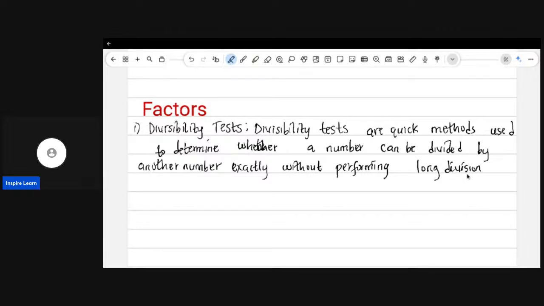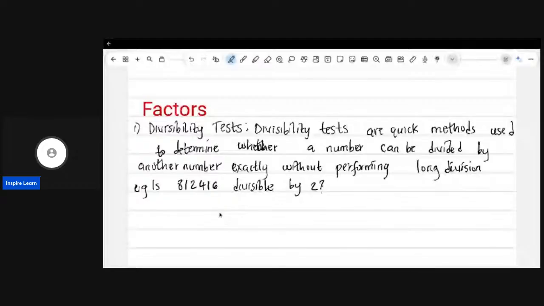So what does it mean? For example, if you're asked whether 812416 is divisible by 2, the question is not asking you to take this number and start dividing it by 2.